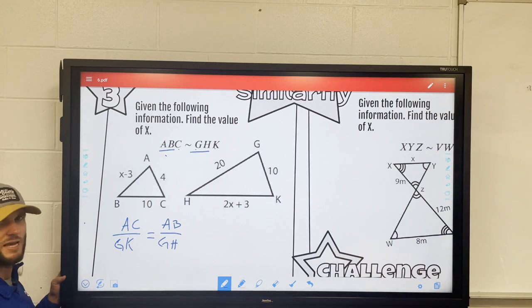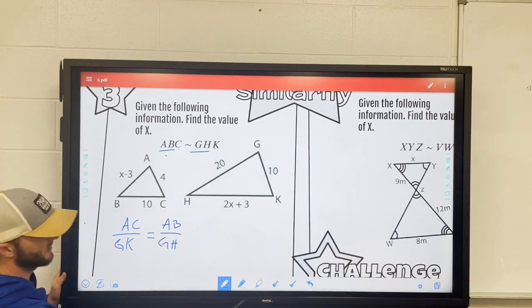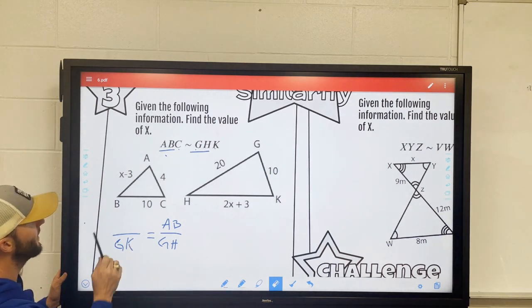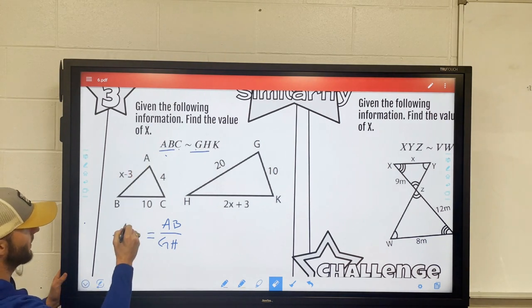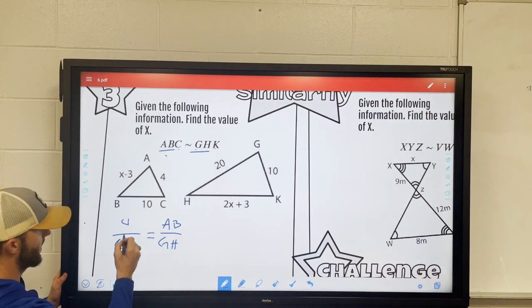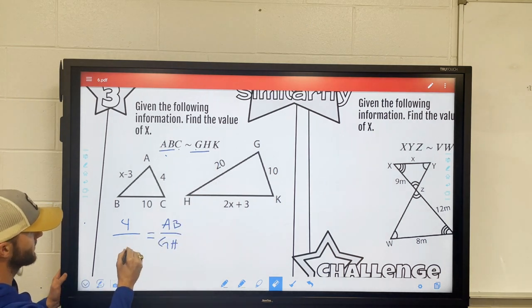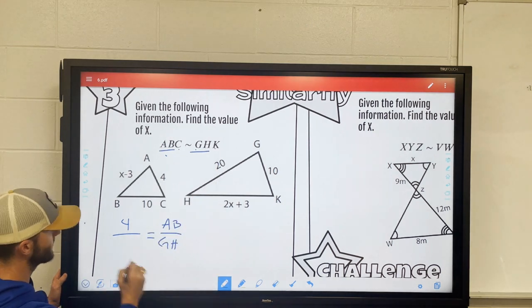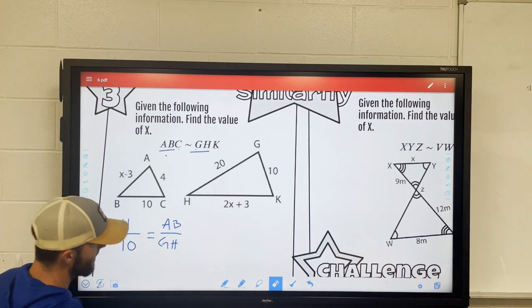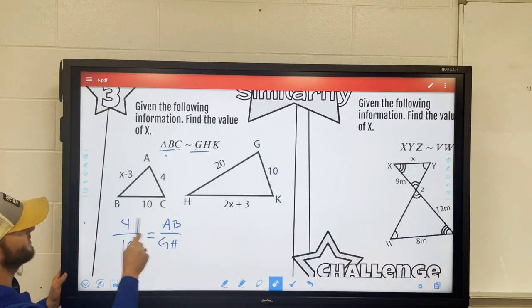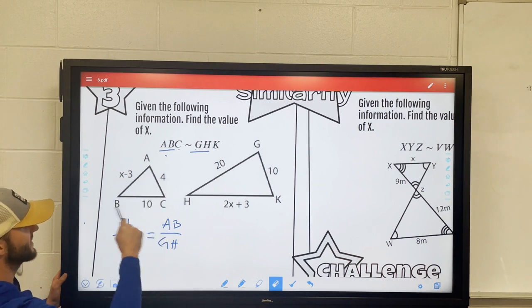So now I'm going to replace everything and then solve. AC, A to C, is going to be 4. G to K here is going to be 10. AB is going to be X minus 3.